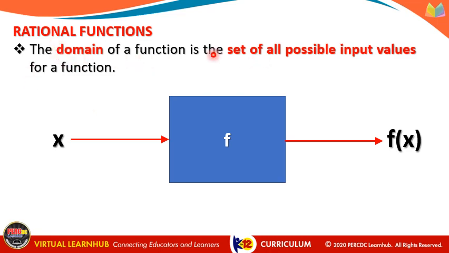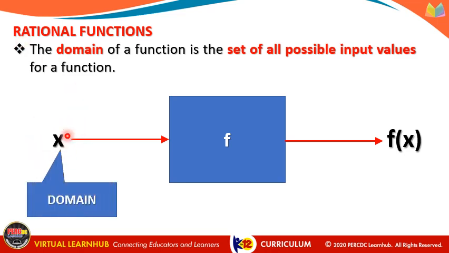Now, sabi sa definition natin, ang domain is yung mga posibleng maging input ng function natin. Sila yung mga real numbers na pwede mo lamang gamitin bilang values ng x. So again, ang tawag natin sa mga values ng x na pwede mong ipasok sa function natin, ang tawag natin sa kanila ay domain.